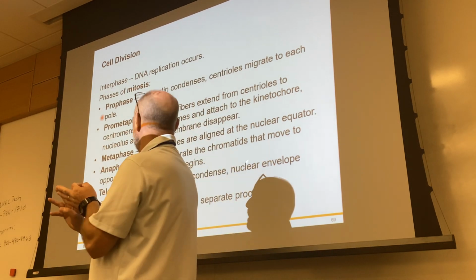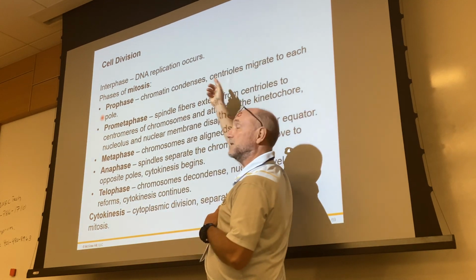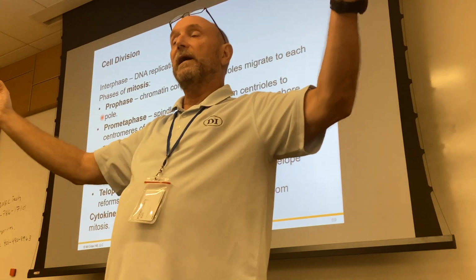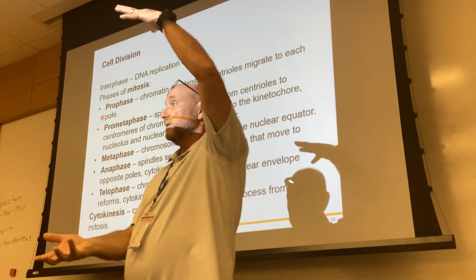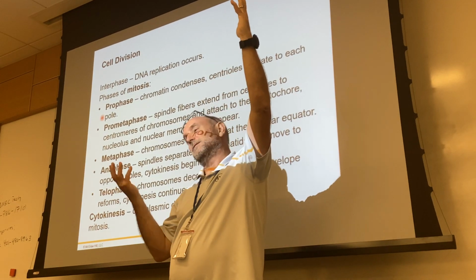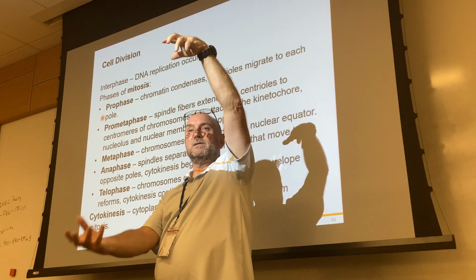And then the last thing, and that is the centrioles. Right here, the centrioles migrate to the poles of the cell. Now, the poles of the cell are equivalent to, where does Santa Claus live? North Pole. Okay, so the North Pole, who lives in the South Pole? Penguins, right?